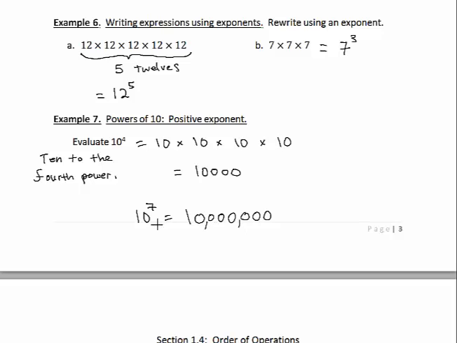So in other words, 10 to the 7 also is another way to write 10 million. 10 to the 4th power is a way to write 10,000. Just for another example, 10 to the 3rd power would be 1 with 1, 2, 3 zeros. So 10 to the 3rd is 1,000, and it always will be.